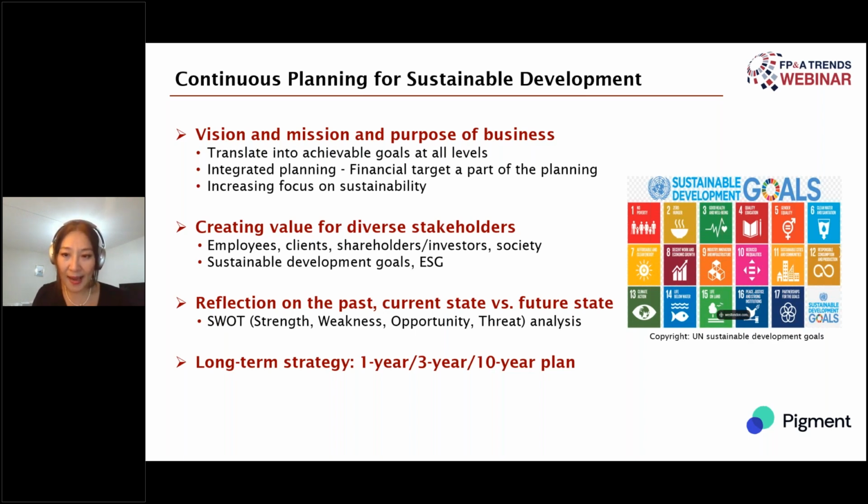We set the KPIs and we follow up the actions. In addition, to create value for diverse stakeholders, including employees, clients, shareholders, and society, we do medium and long-term plans aligned with our business strategy, and translate our vision, mission, and strategy into actionable goals. Let's move on to the next slide.